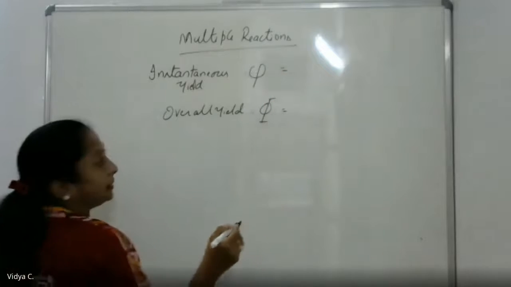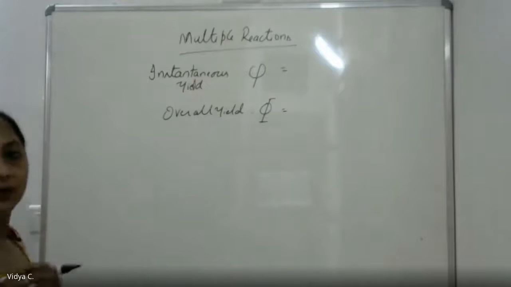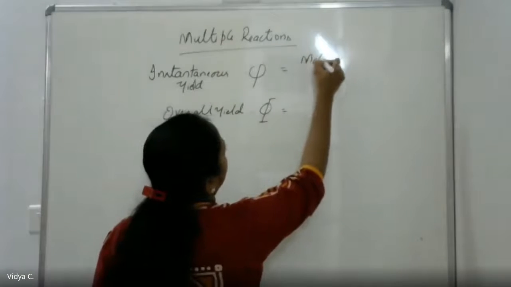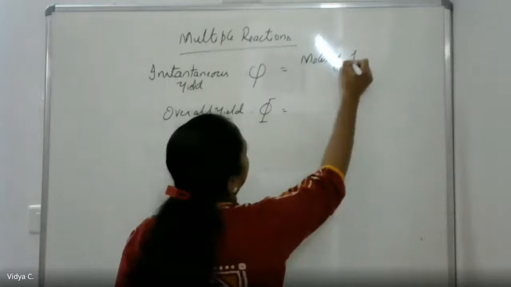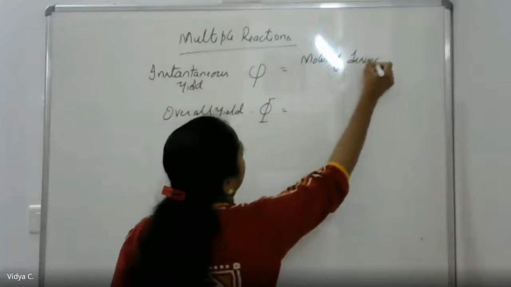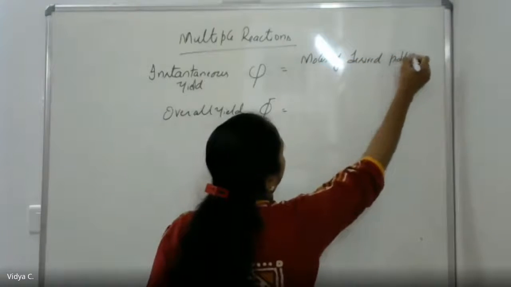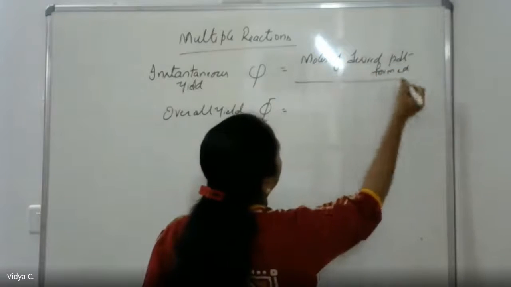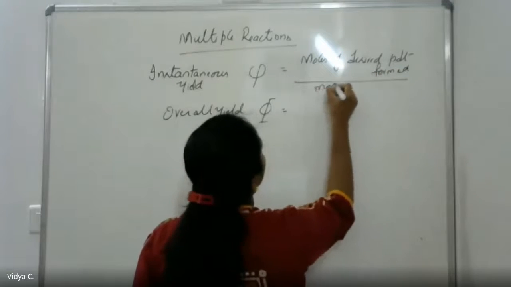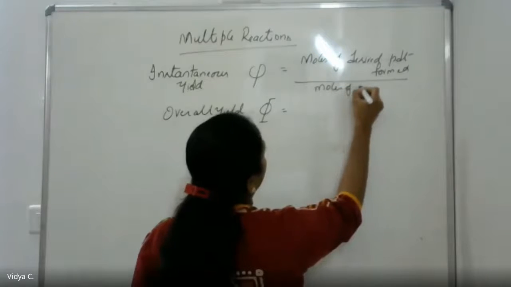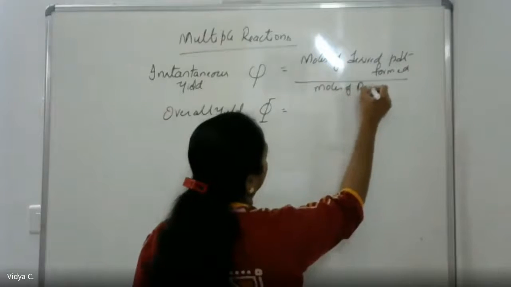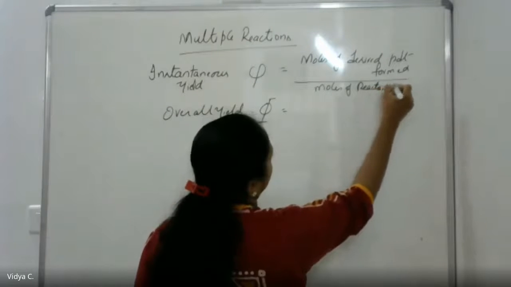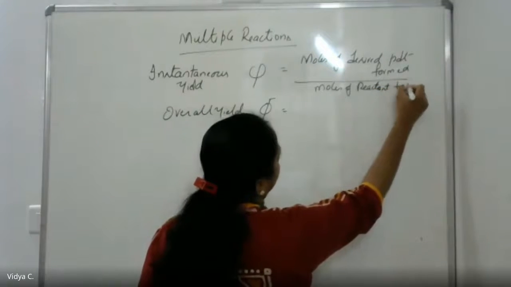The overall yield is defined as moles of desired product formed by moles of reactant taken initially.